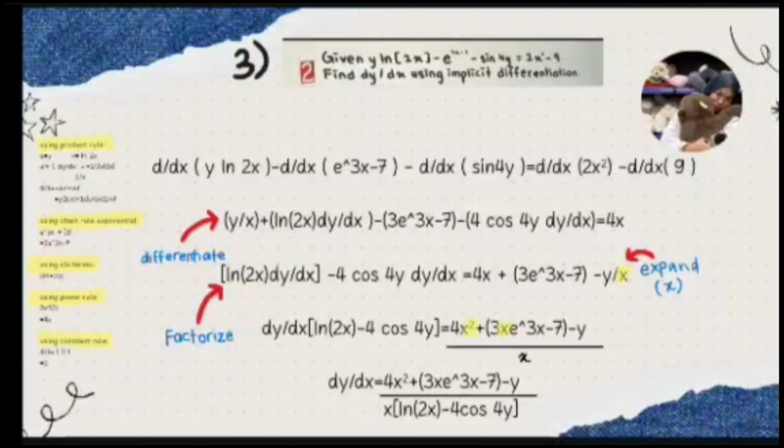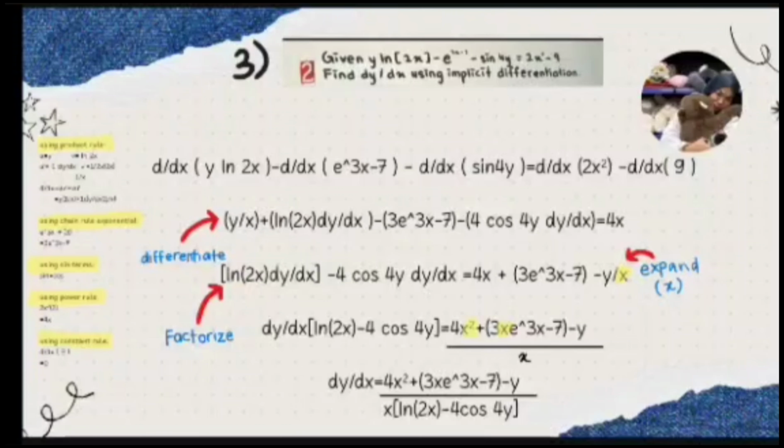We need to expand x because we already have 3 fractions, and we want to use only 2 fractions. So if we factorize, it will become dy over dx in bracket ln 2x minus 4 cos y bracket equals 4x power of 2 plus 3x e power of 3x minus 7 minus y over x.